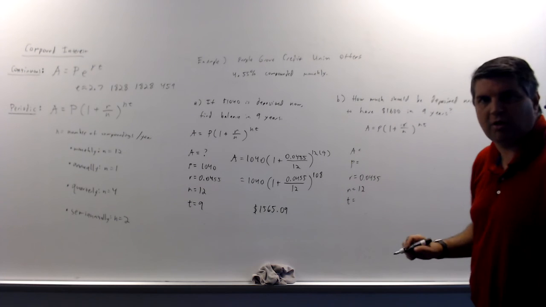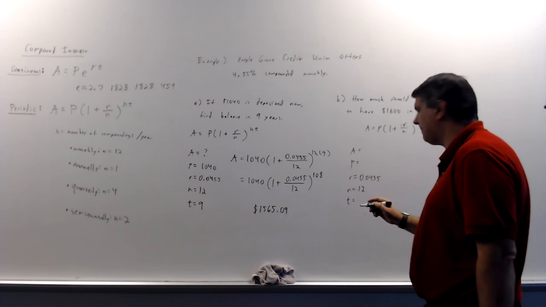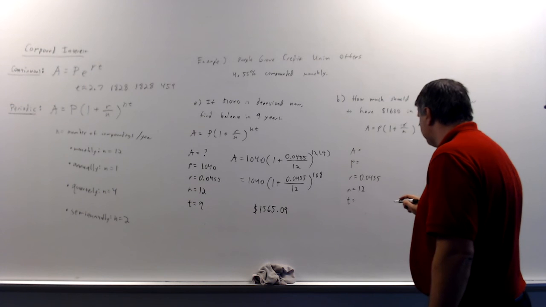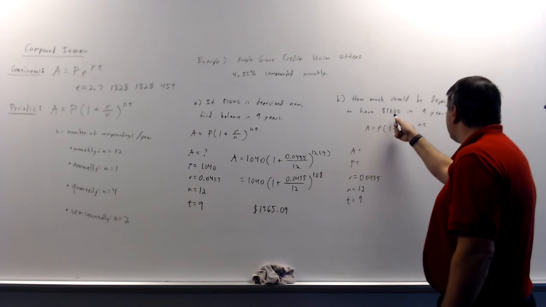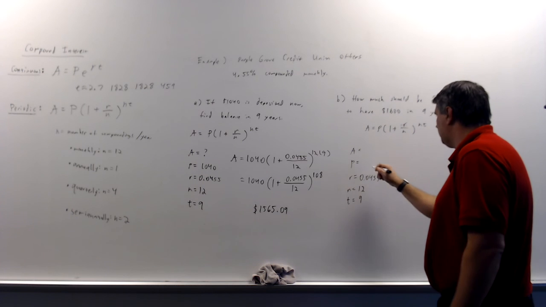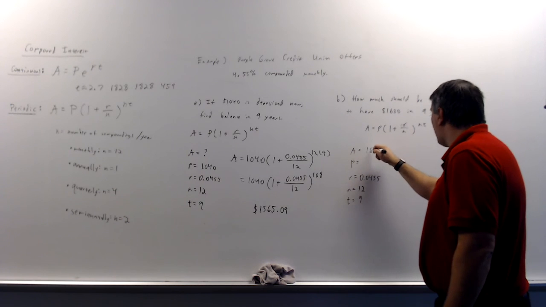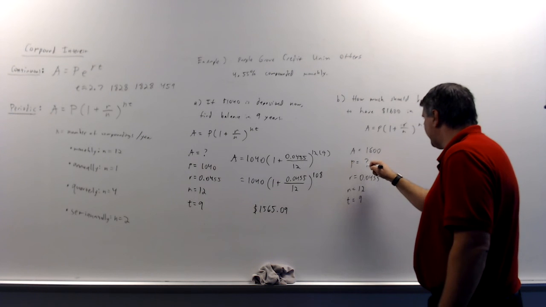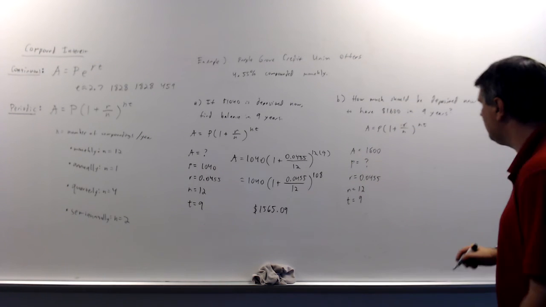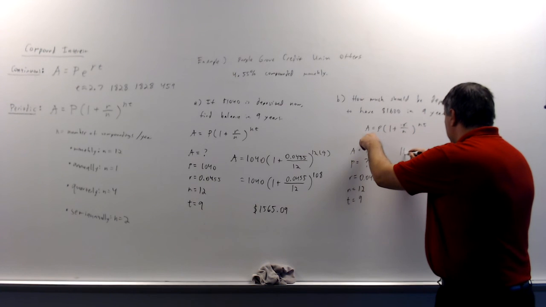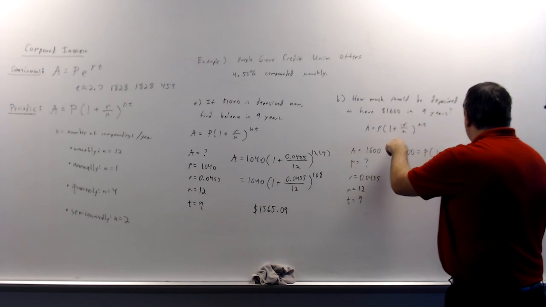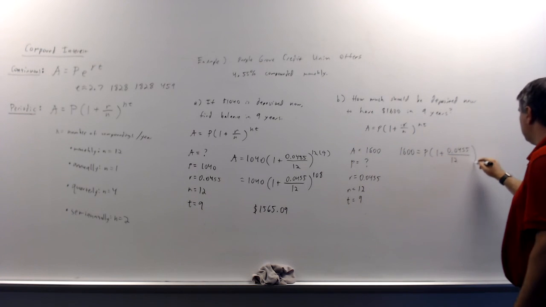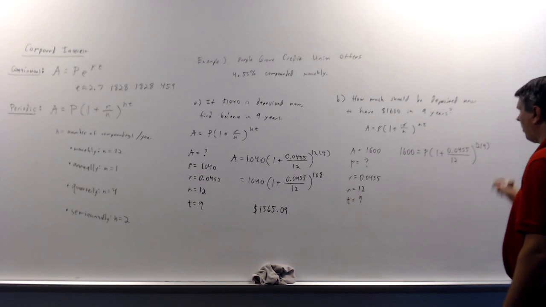Sorry, my brain was still on the last example. T is 9. And this 1600 goes with the future value. We don't know what we're starting with. That's the question. So I want to know 1600 equals P times 1 plus 0.0455 divided by 12 to the 12 times 9 power.